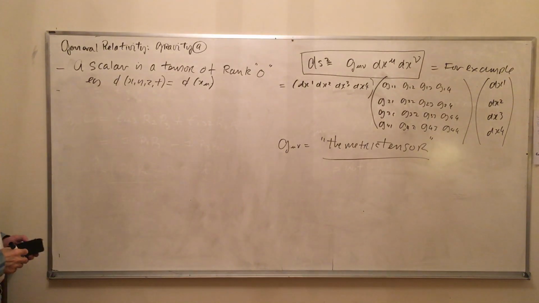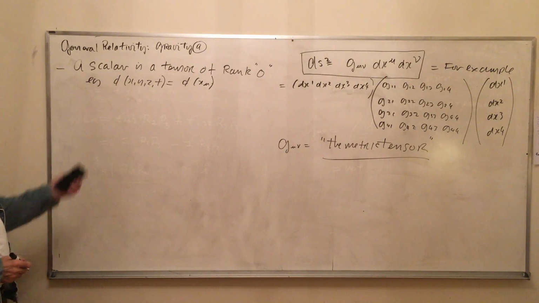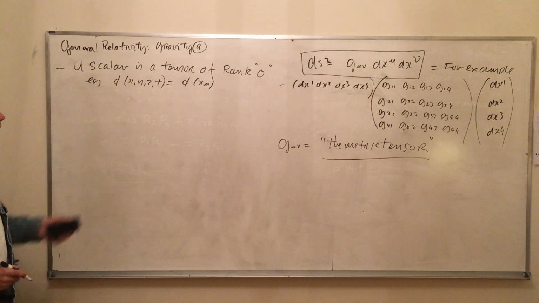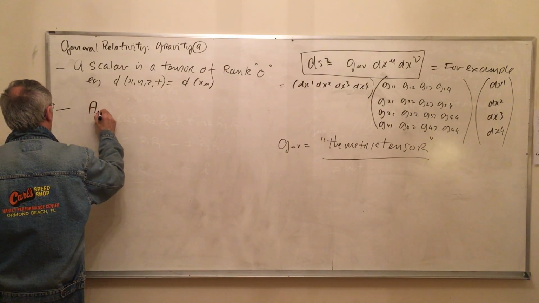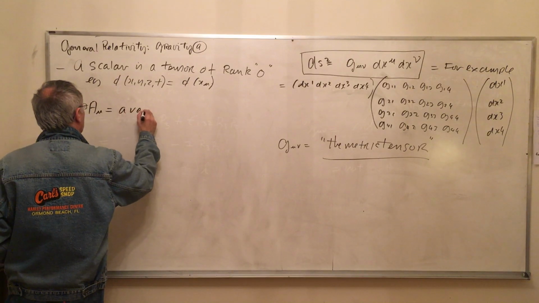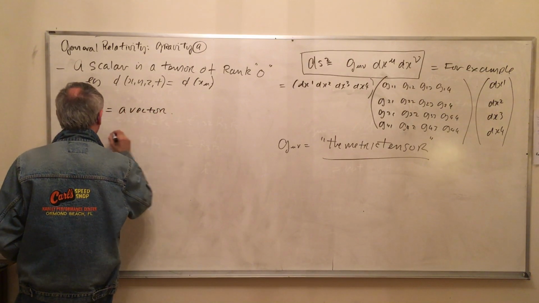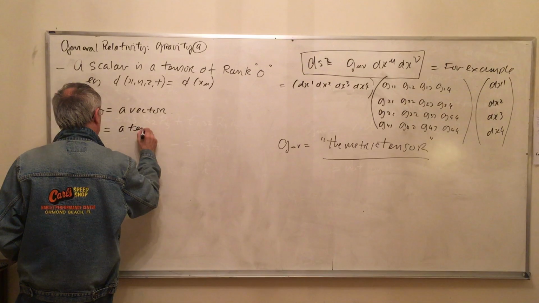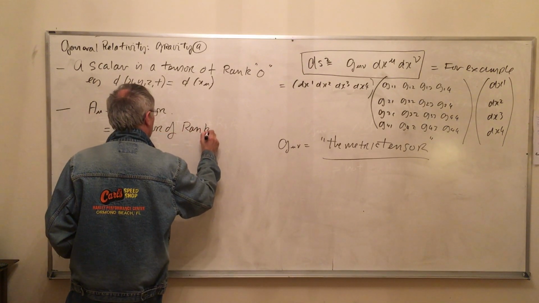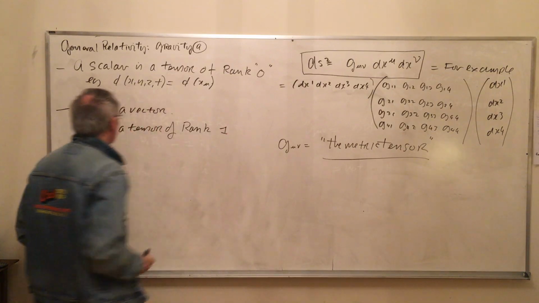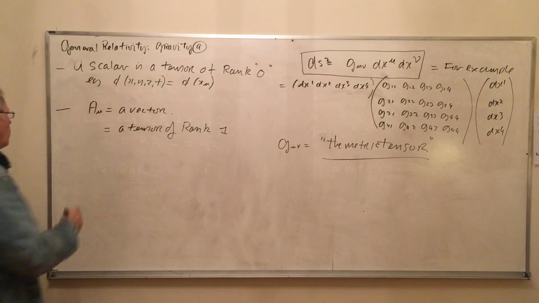The gradient of this is a vector. This is a vector of rank 1.